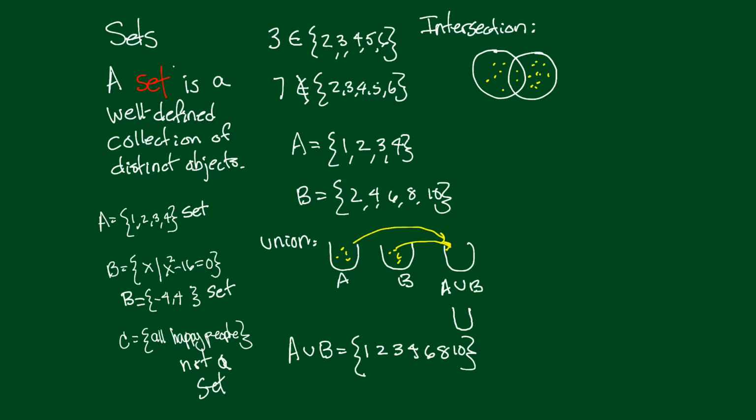Here's set A, it's got all of these in it. Here's set B, it has those in it, but there's two things in common. So this little part right here, I'll draw it in red, this part right here, that would be the intersection. So the intersection is exactly what it says. It's the intersection of those two sets, the set of common elements.